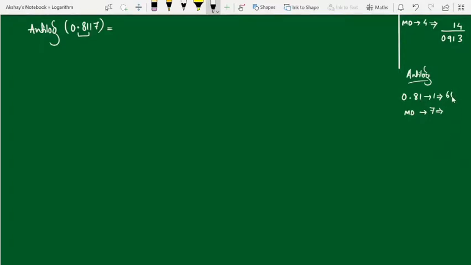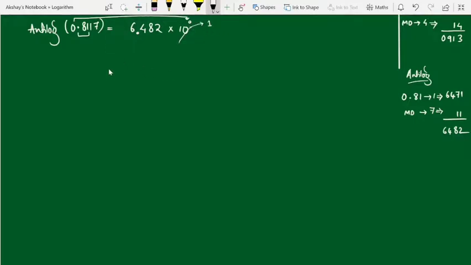Let me write here 6471. Mean difference value 7 again. For this value I am having 11. So final answer 6482. And once after seeing anti-logarithm always put a decimal after the first digit, into 10 raised to this value. Anything raised to 0 is nothing but how much? 1.